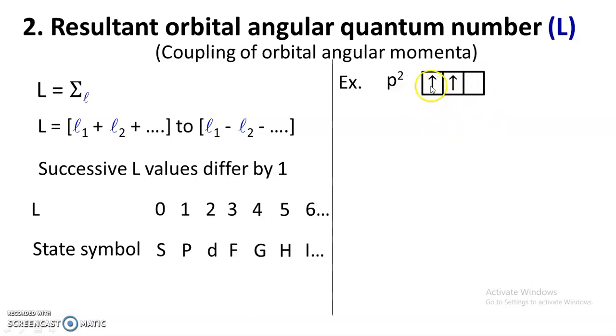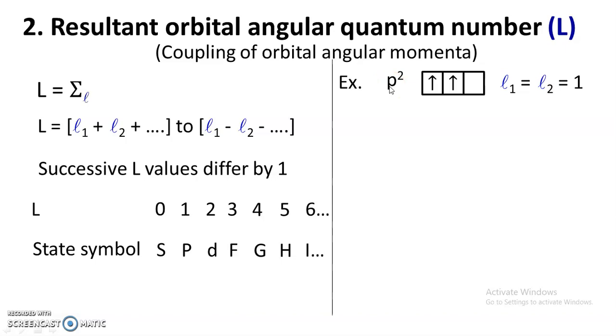Now for the first electron, the value of L1 is 1. You know, for the p subshell l is equal to 1, and both the electrons are present in the p subshell, and therefore for each electron the value of l is 1. So L1 is equal to L2 is equal to 1. The reason is both the electrons are present in the p subshell, and for the p subshell the azimuthal quantum number value is 1.